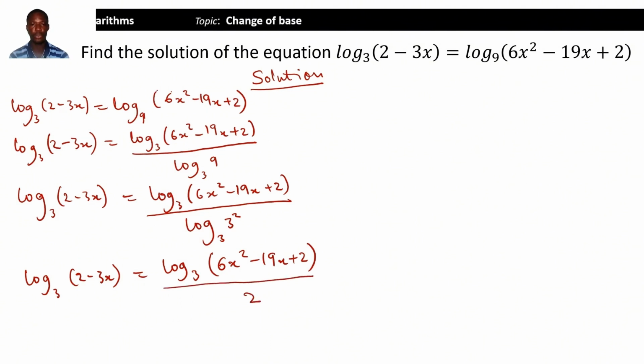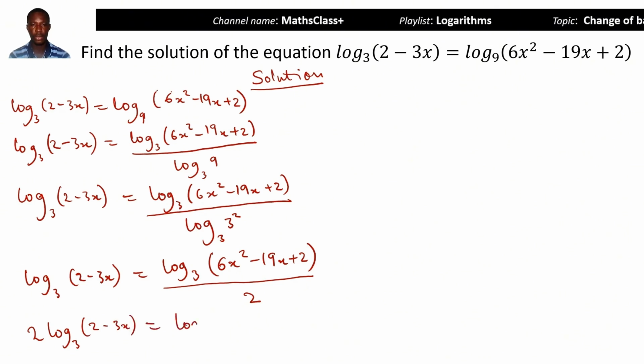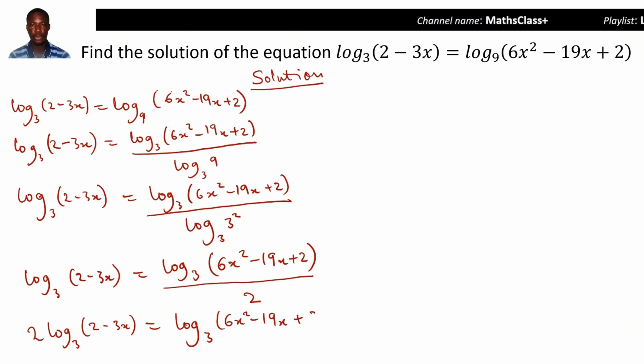I hope you already know this. And I'll multiply through by the 2. That gives me 2 log to the base 3, 2 minus 3x, and this is equal to log to the base 3, 6x squared minus 19x plus 2. Okay, I will continue.